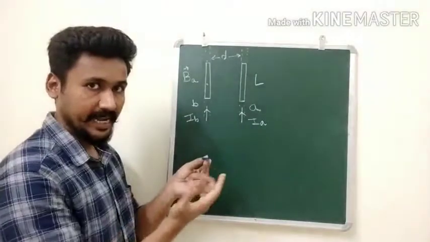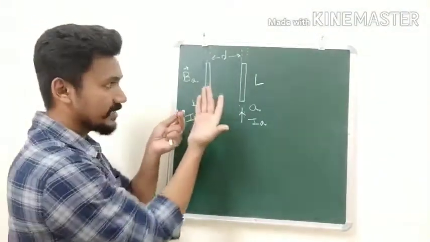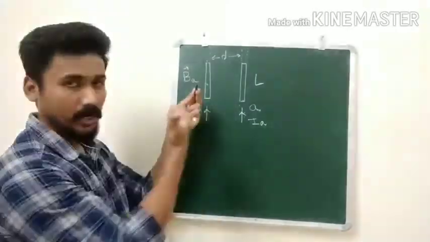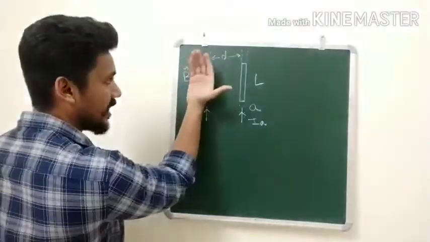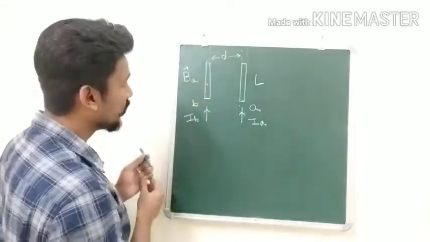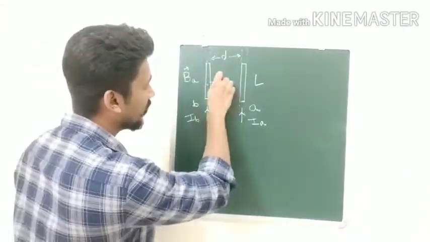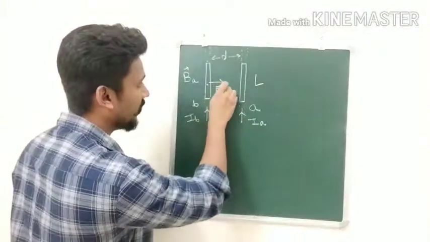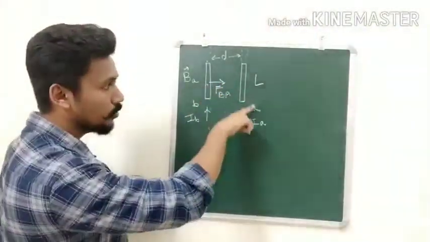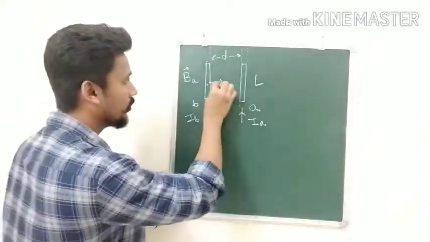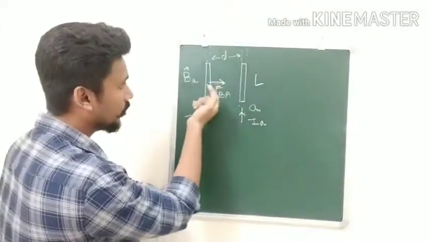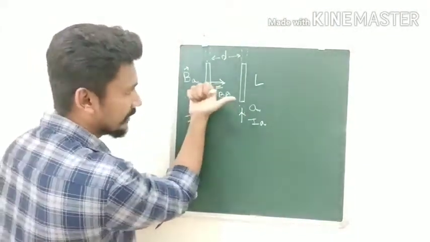Using the right hand, for I L cross B, my thumb is pointing from left to right. So this will be the direction of the force. Let us call that force FBA, the force on B due to A.